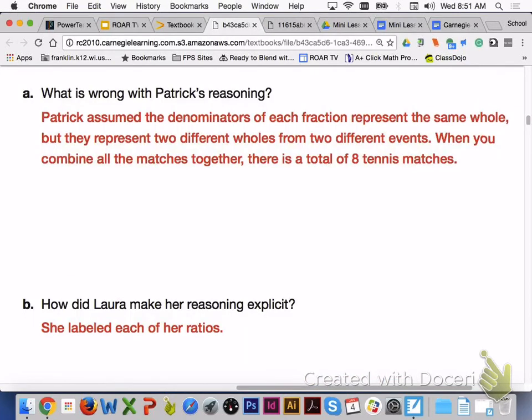For letter A, Patrick assumed the denominators of each fraction represent the same whole, but they represent 2 different wholes from 2 different events. When you combine all of the matches together, there are a total of 8 tennis matches. For letter B, Laura made her reasoning explicit or very specific by labeling each of her ratios.